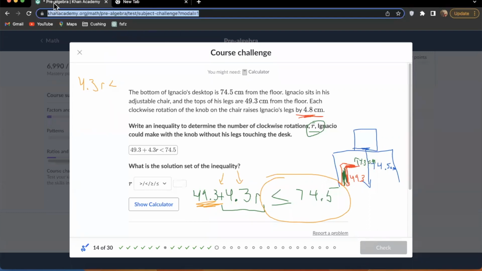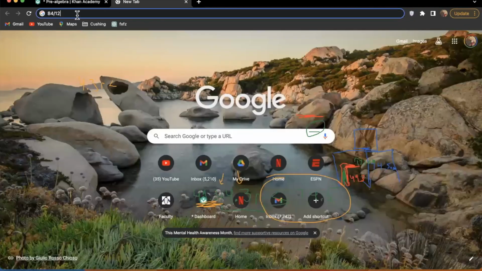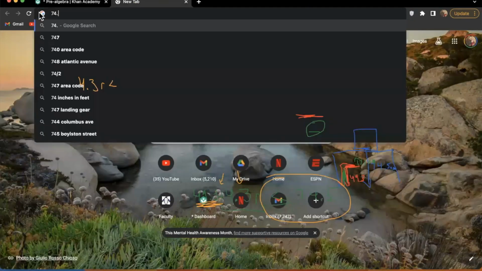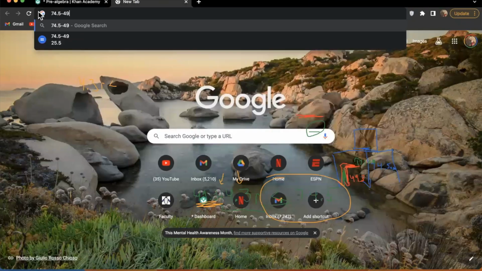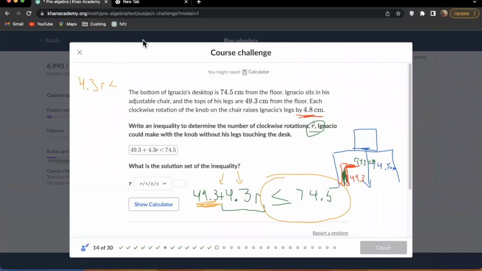I'm going to use my handy calculator. 74.5 minus 49.3 is 25.2. So 25.2 is how much distance was originally there.